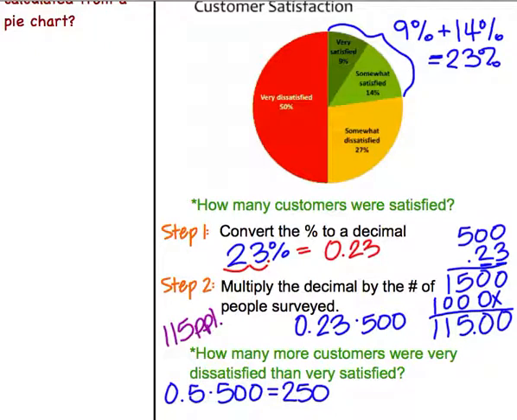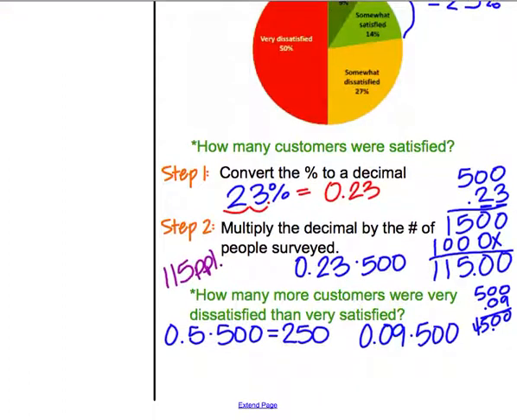Now, very satisfied, we have 9%, which is 0.09, and I'm going to take that times 500. When I do this, I get 0, 0, I get 45, so I have 45 people.